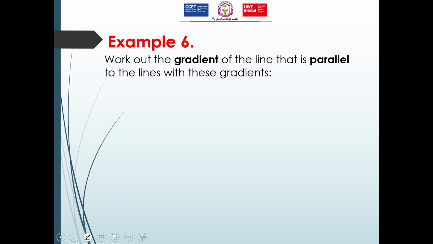So, for the following examples, work out the gradient of the line that is parallel to the lines with these gradients. So these are the gradients of the other line. And then we wanted to find another line which is parallel to this.